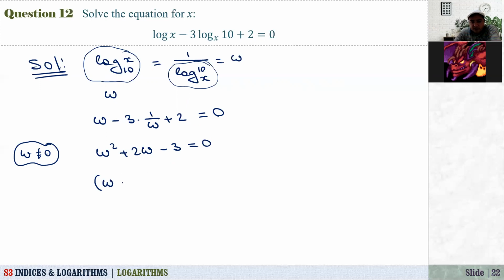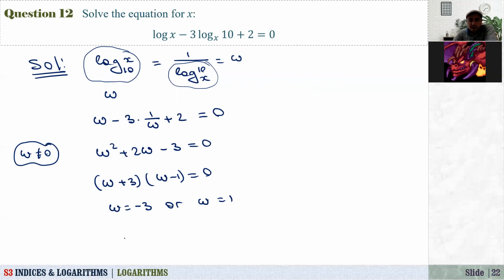So I can factorize as w plus 3 times w minus 1 is equal to 0. So w is equal to negative 3 or w is equal to 1.